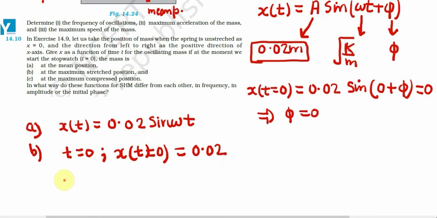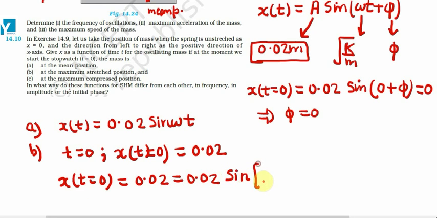So according to this, if I put values in the standard expression, x at t equal to 0 is equal to 0.02, which is equal to 0.02 sin of omega into 0 plus phi. So this will cancel out.